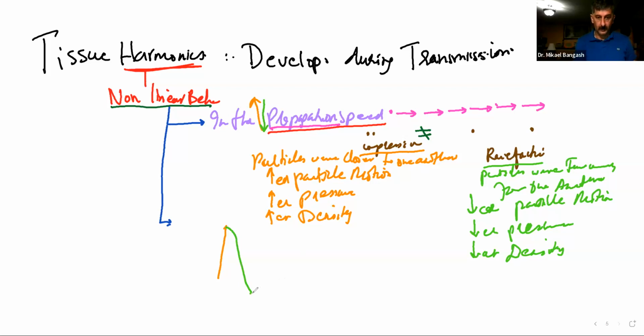Then we go compression, then rarefaction. Maybe we could say it would have been linear had your graph been like this. Then we could say compression.